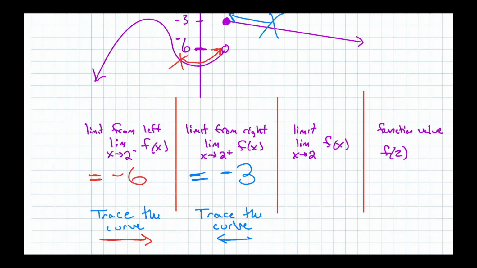And then for this third one here, what you do, sorry, I'm getting a different color. For this one right here, what you do is you have to go from both sides, which basically means if these two numbers are the same, then what you get here is the number, but only if it's the same.